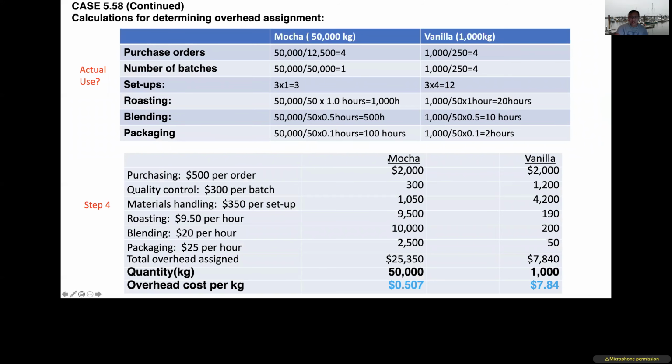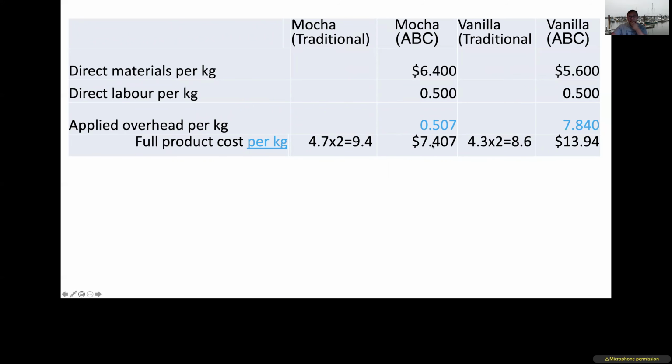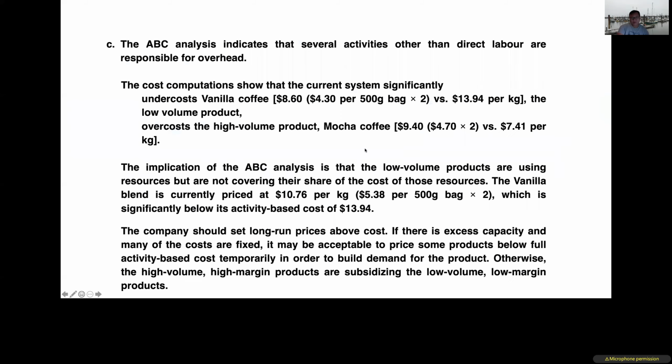The high volume product is Mocha, which should be 7.41, but traditionally it overcosts Mocha at 9.4. So what is the implication? The whole idea is that the low volume product, vanilla, is using the resources, but is not covering its share of the cost of these resources. They are using the resources, but they were not allocated that usage. Therefore it's undercosted.